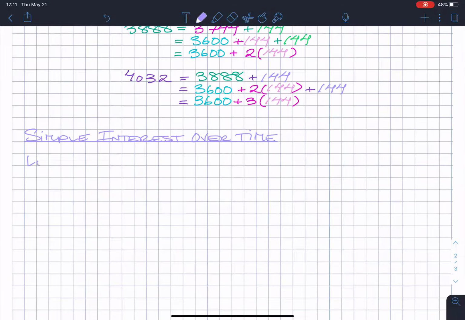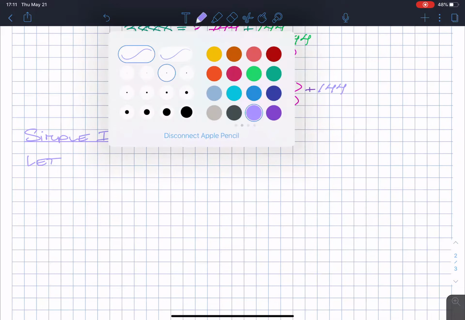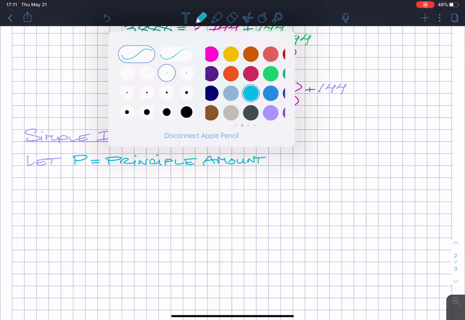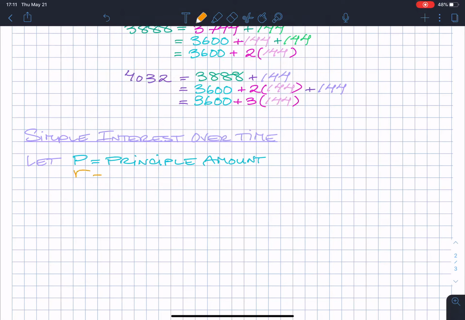Okay, so let's let P be equal to the principal amount. Let's let R be equal to the interest rate.